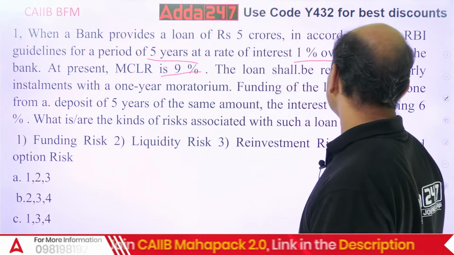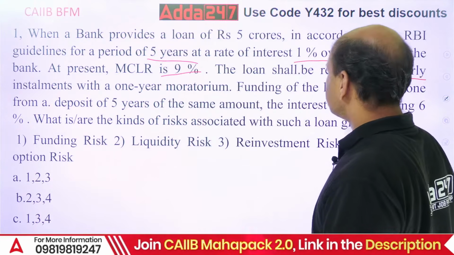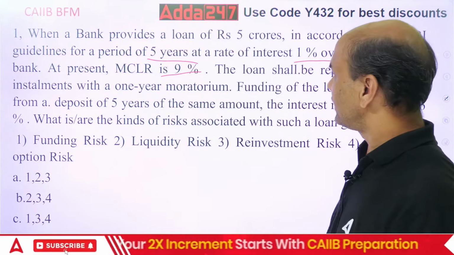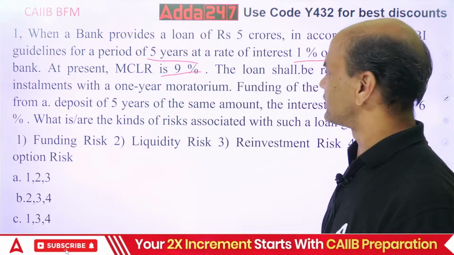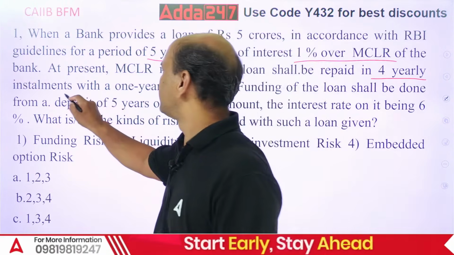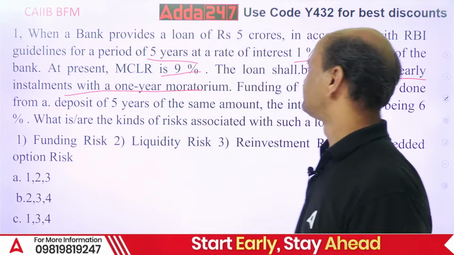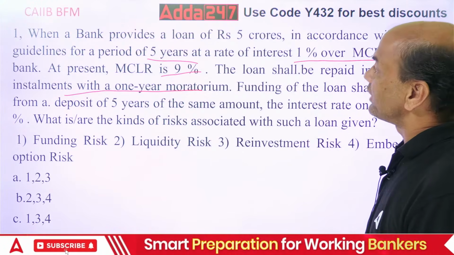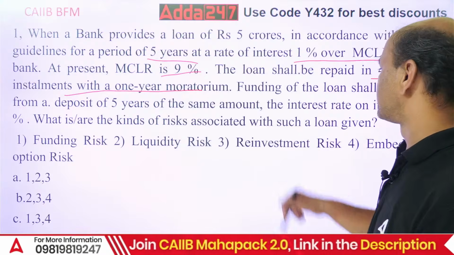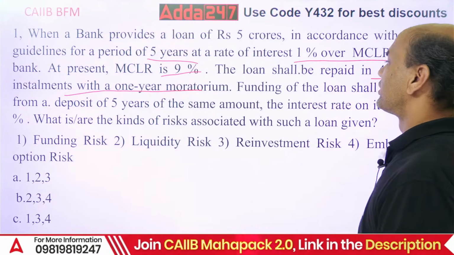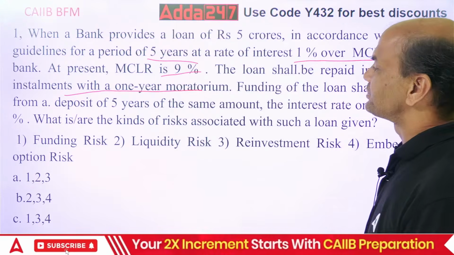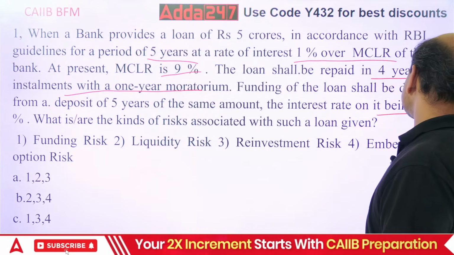The loan shall be repaid in 4 yearly installments with 1 year moratorium. Funding of the loan shall be done from a deposit of 5 years of the same amount, the interest rate of it being 6%.